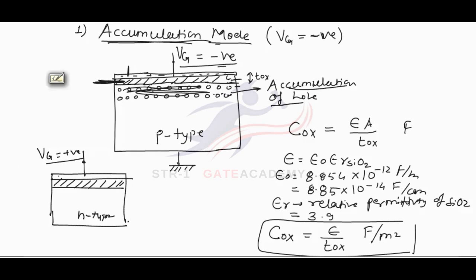So this positive gate metal will attract negatively charged electrons in this region. In this case, the accumulation will be due to electrons.